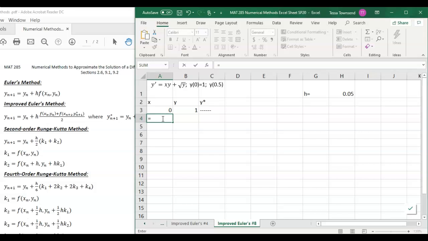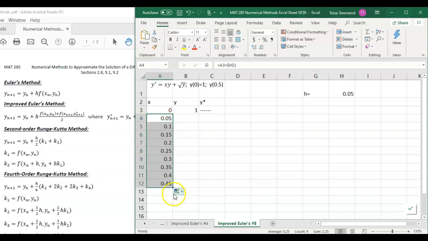So our formula here equals that previous x value plus the increment size. So there we are.